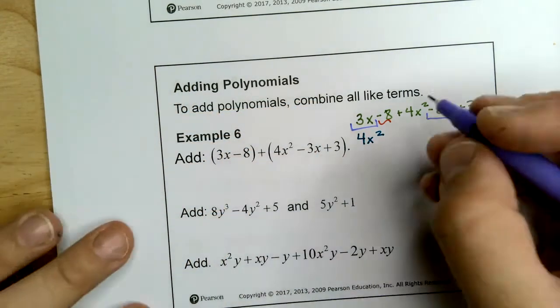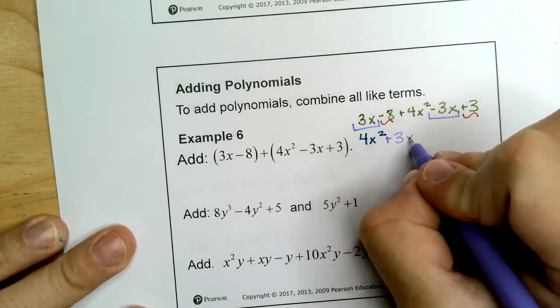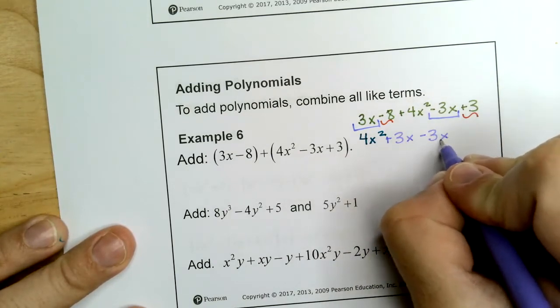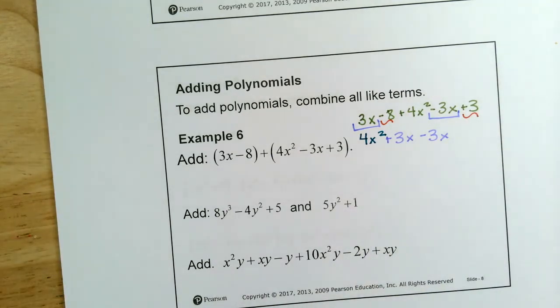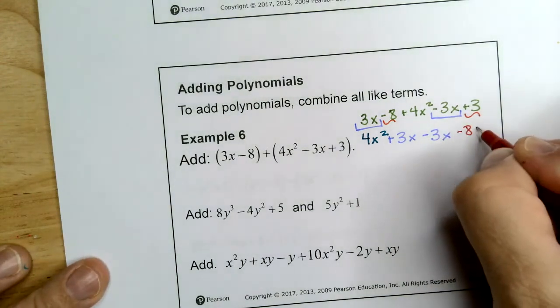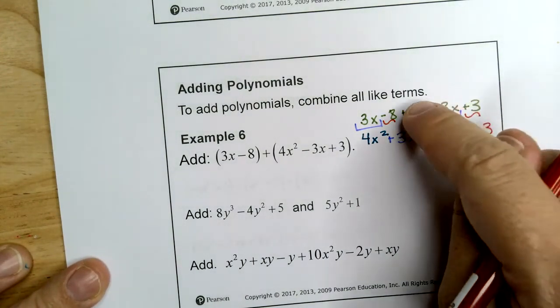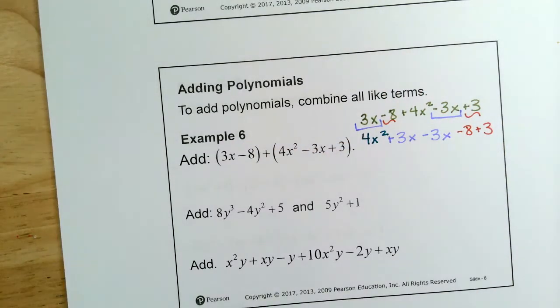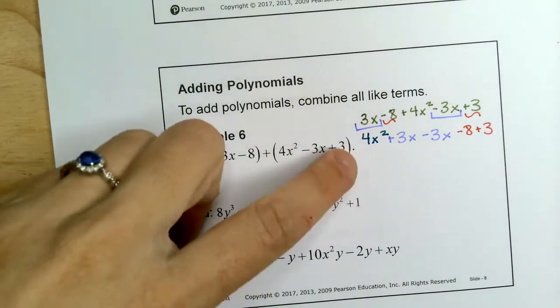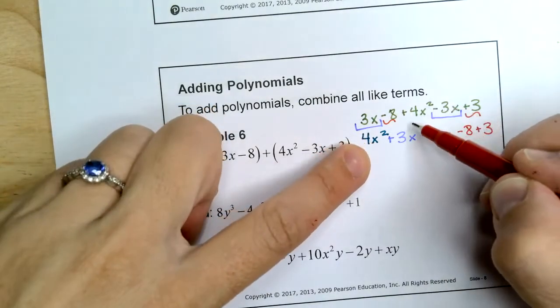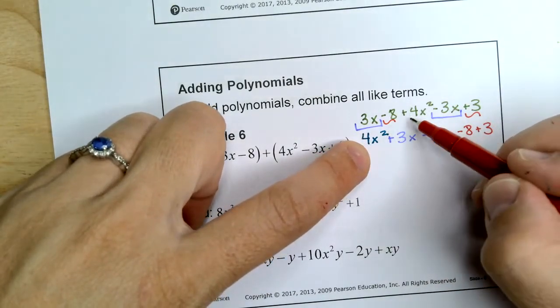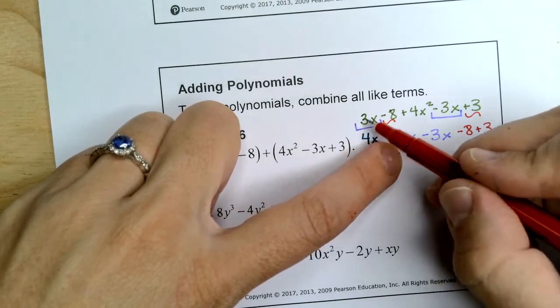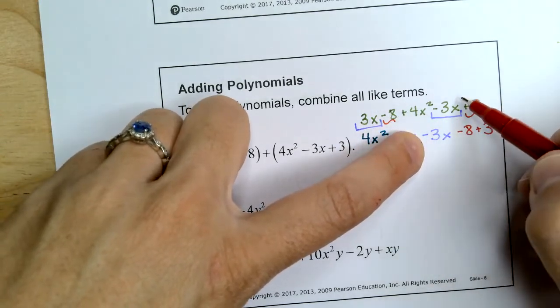Okay, so let's keep going. Plus 3x minus 3x, and then the red was minus 8 plus 3. 1, 2, 3, 4, 5. So I haven't missed any. You're also welcome to cross them out as you use them. 4x squared, cross that out. 3x, cross that out. Negative 3x, cross that out.